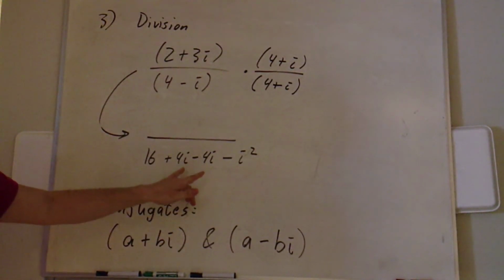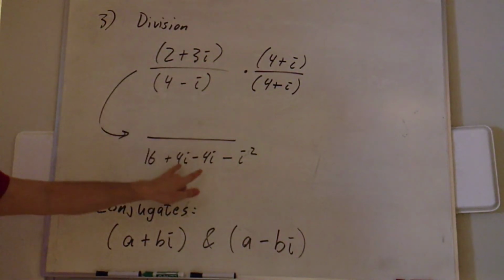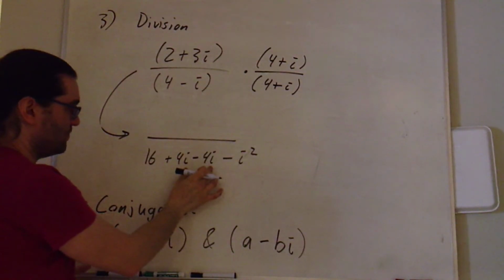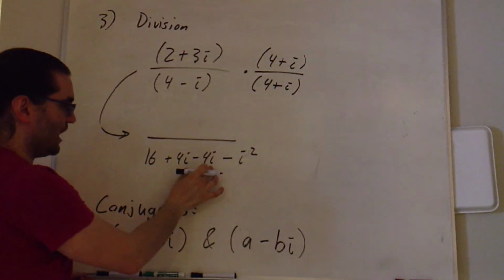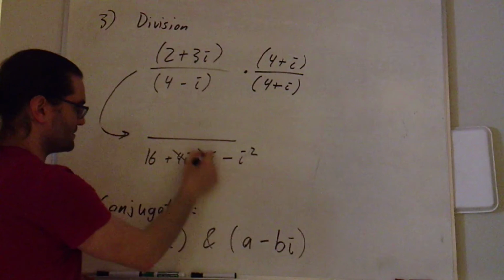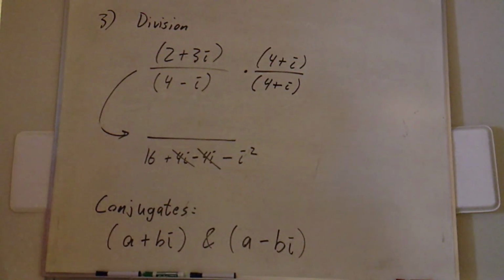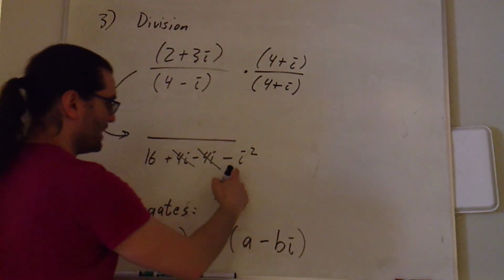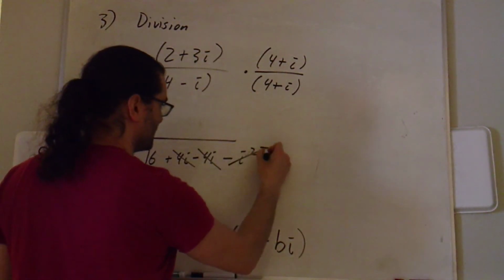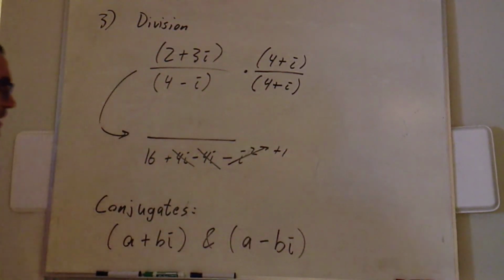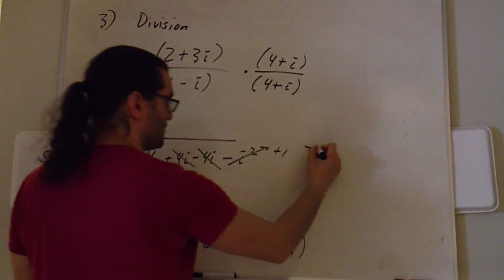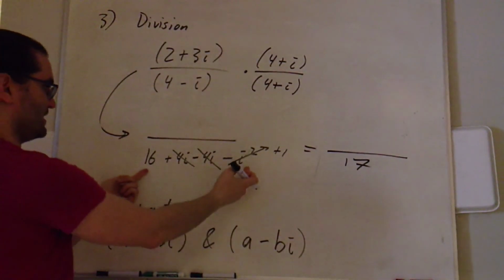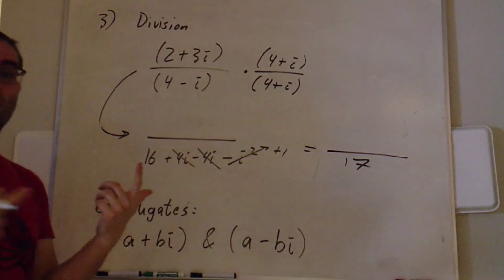Here's the beauty about multiplying a complex number by its conjugate. The middle terms, both of the terms with an i, are guaranteed to cancel. Plus 4i and minus 4i will cancel each other out. This thing, minus i squared, is the same as plus 1. So whatever else is happening on top, the bottom of this thing is now just a 17, which is really nice for me.